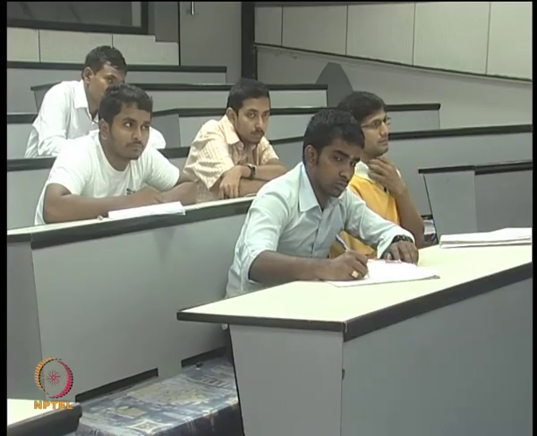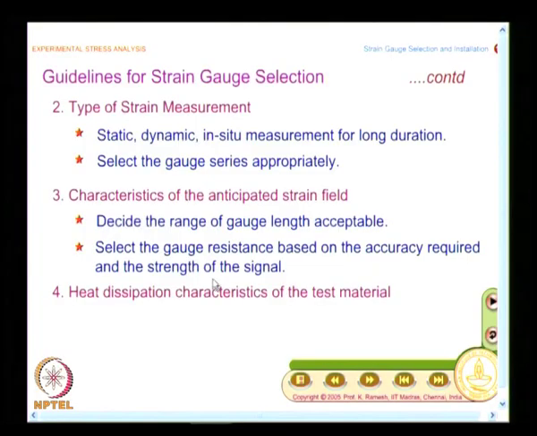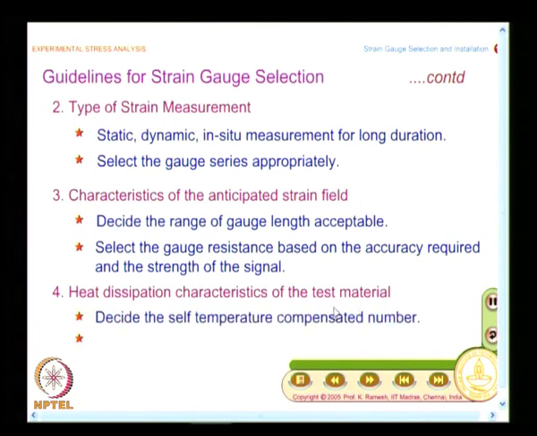Suppose I do not have that luxury, then I must find ways to increase the signal strength by modifying the gauge resistance, and you have to look at heat dissipation characteristics of the test material. So, this decides the self temperature compensation number, and here again if necessary select a higher gauge resistance.